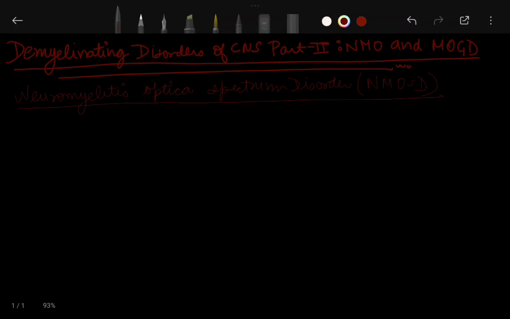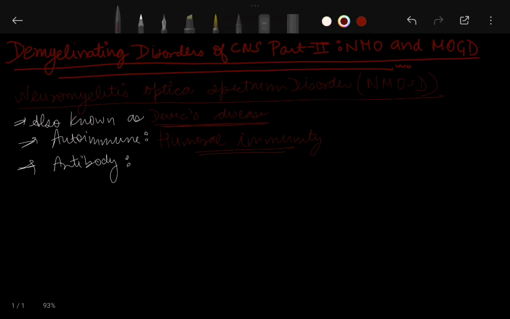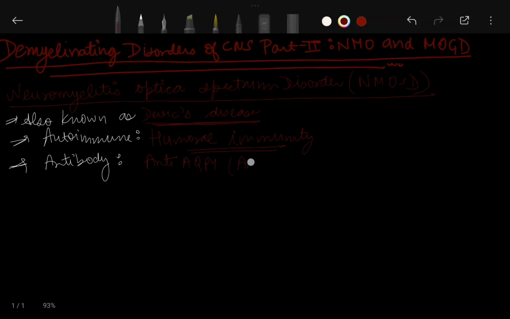Neuromyelitis optica spectrum disorder is also known as Devic's disease, and it is autoimmune in nature, as it is responsible for humoral immunity.